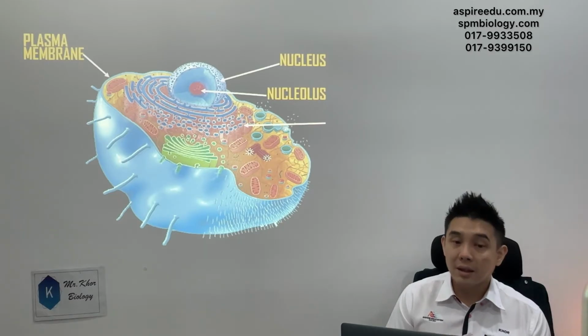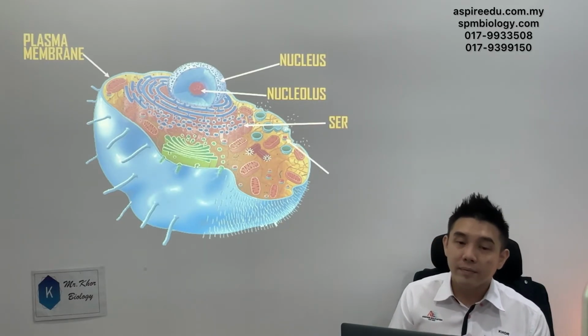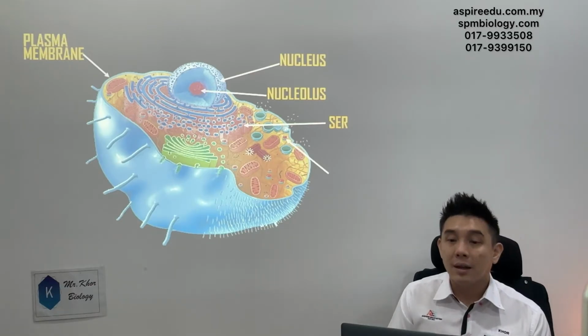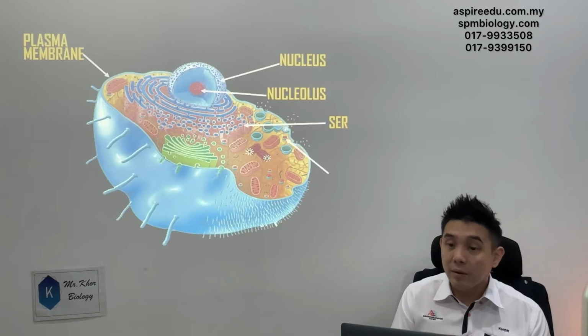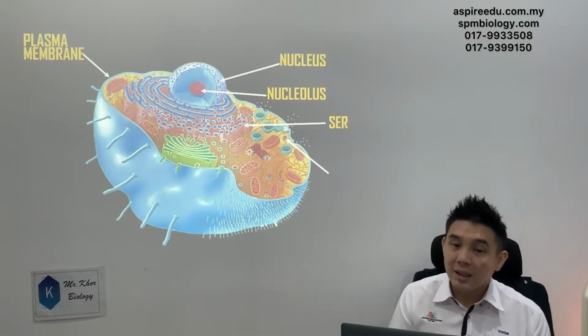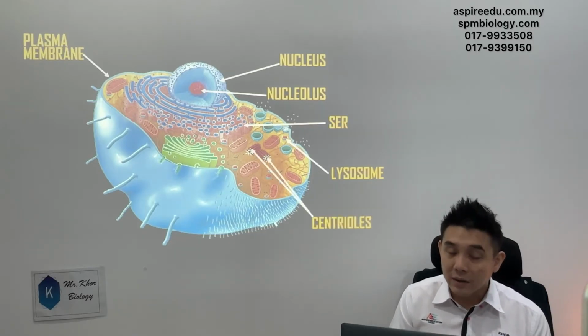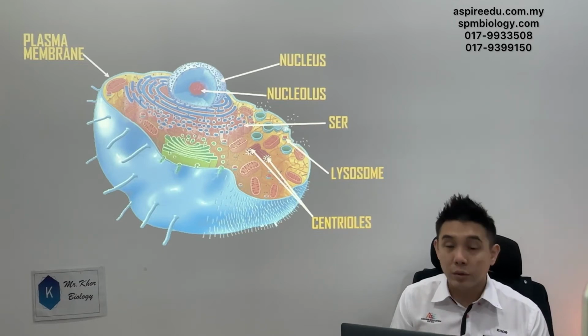This is smooth endoplasmic reticulum. You guess, this one you guess. Very good, Savish, Yuanqi. Lysosome. And then centrals.